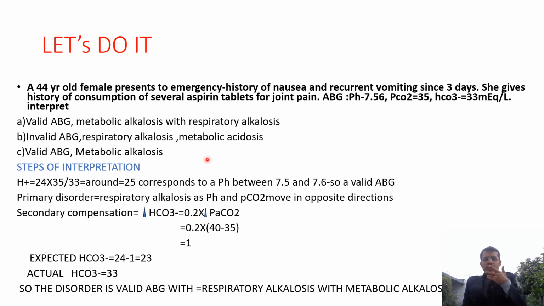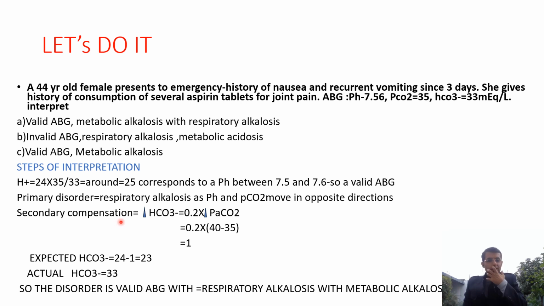The pH given here is 7.56, so it's a valid ABG. Here the pH has gone up and PCO2 has gone down, so both are in the opposite direction, so the primary pathology has to be respiratory alkalosis with secondary compensation.